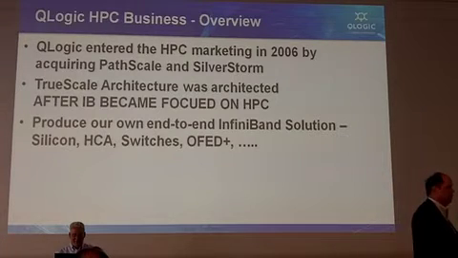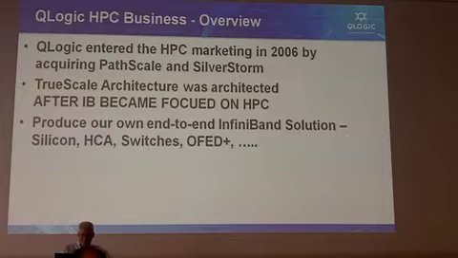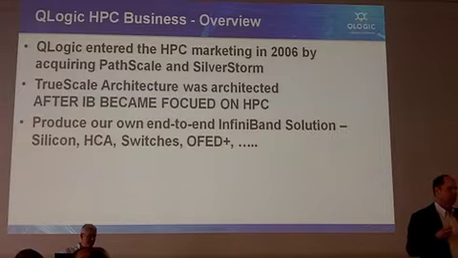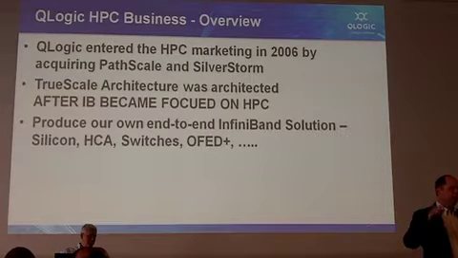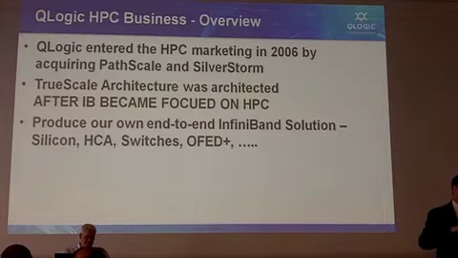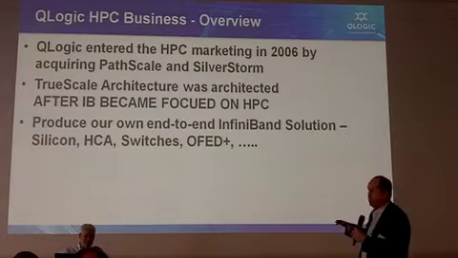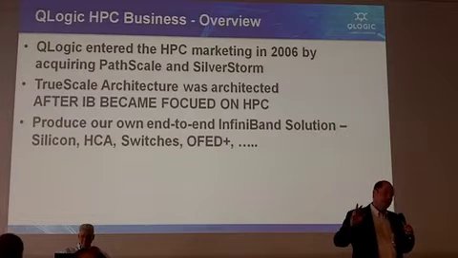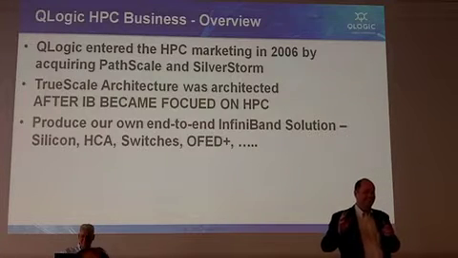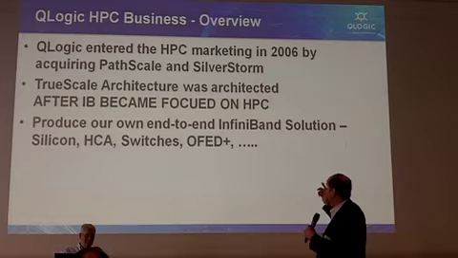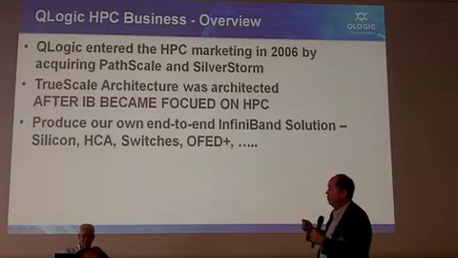So if you architected at that point in time, you came up with a very different architecture than if you waited 4 or 5 years and it became very clear that InfiniBand was not going to really take over the enterprise data space. It was going to be focused on HPC. And we had the benefit of that just because we were late. But we were architected at that point.